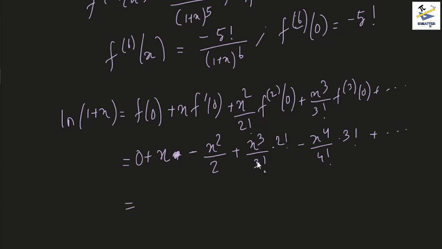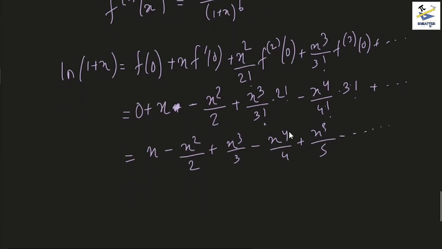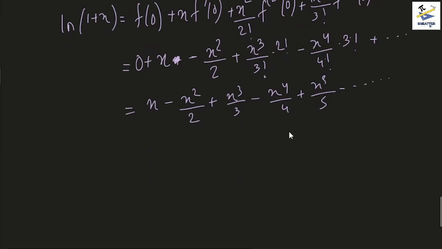Remembering that 3 factorial is just 3 into 2 factorial, the 2 factorial will cancel and 3 will remain. Similarly here 3 factorial by 4 factorial will give you 1 by 4. Continuing in this way, we get the series as x minus x square by 2 plus x cube by 3 minus x to the power 4 by 4 plus x to the power 5 by 5 and so on. So this right here is the Taylor series expansion for log of 1 plus x at the point x equals 0.